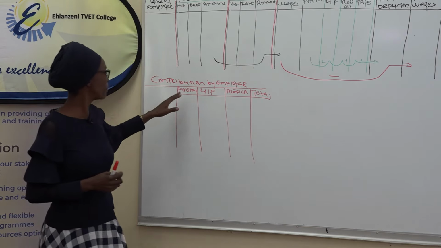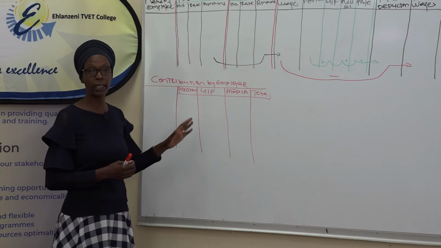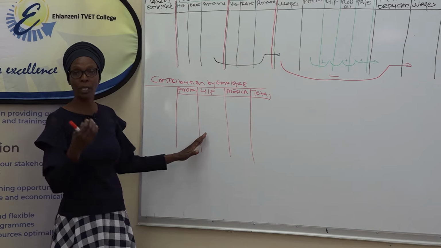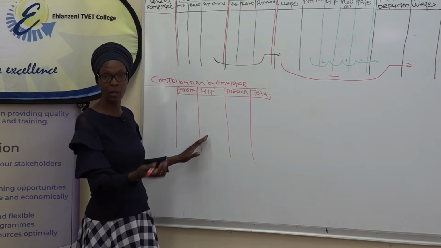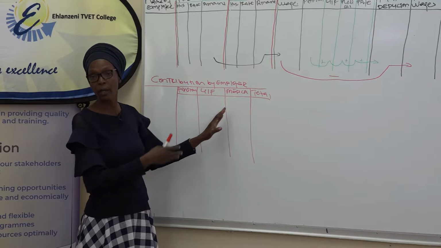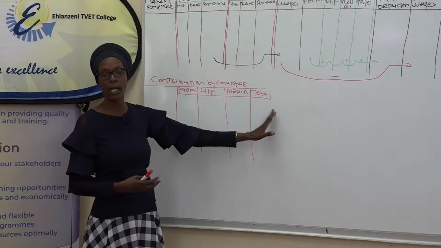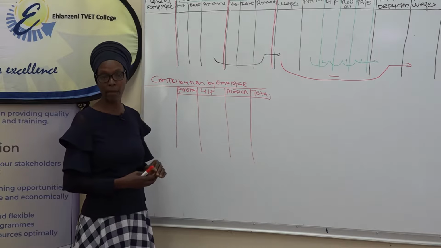In the contribution by employer, they indicate in each exercise how many percent the employer contributes on behalf of the pension, and also in the case of the UIF, and also in the case of the medical aid.